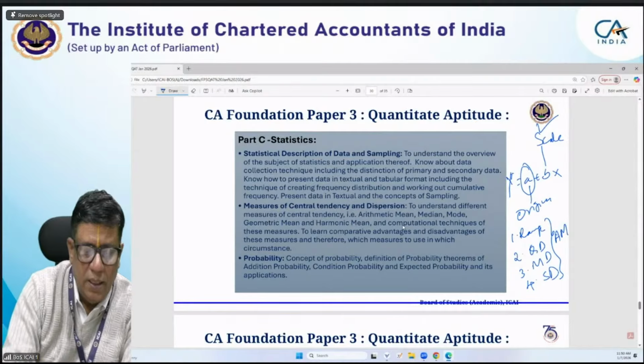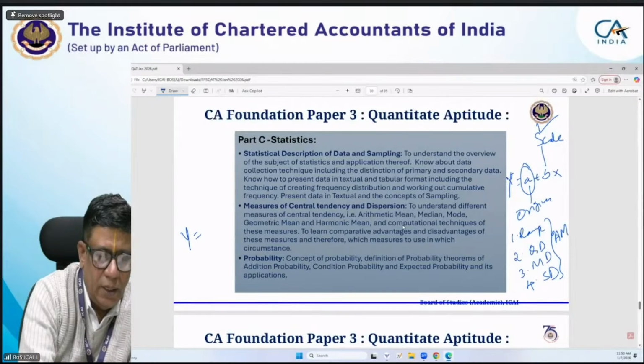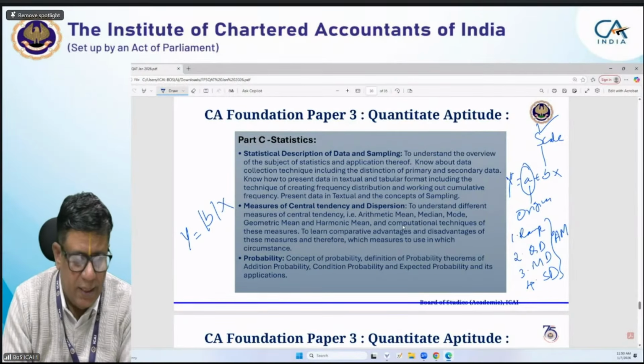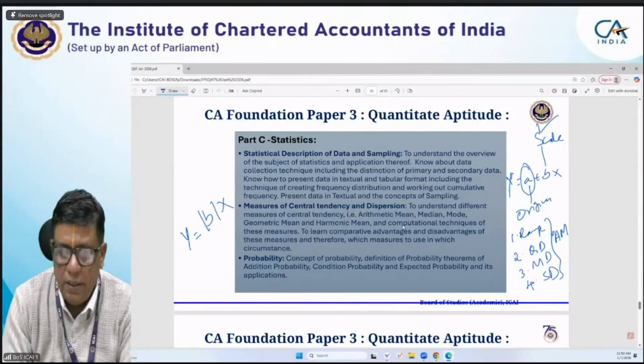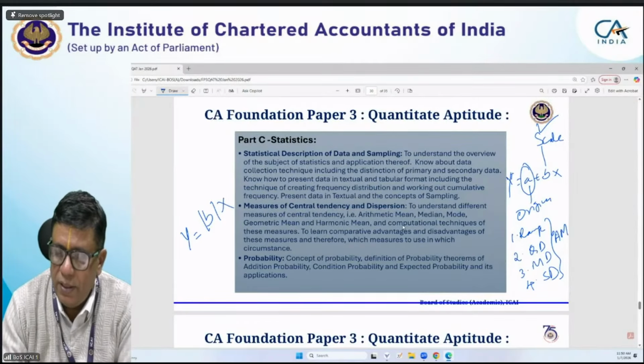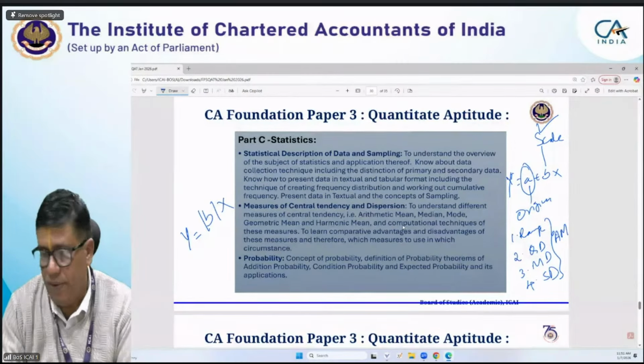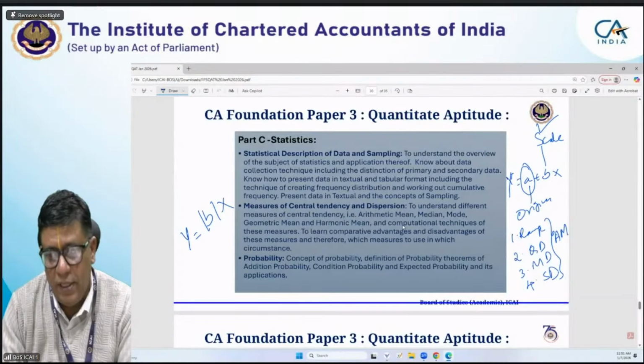That means for y = a + bx, the new range would be |b| times the range of x. Similarly, quartile deviation is also affected by change of scale only, mean deviation is affected by change of scale only, and standard deviation is also affected by change of scale only. Multiplication or division is scale, and addition or subtraction is called origin.